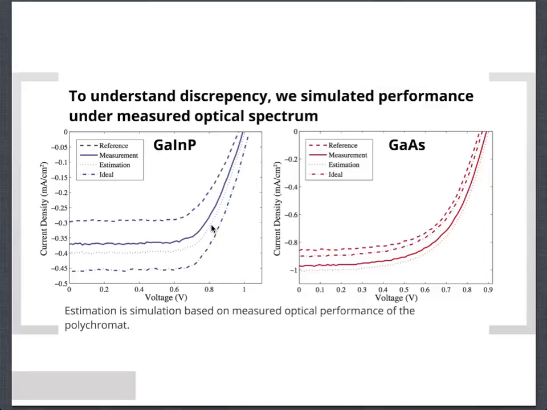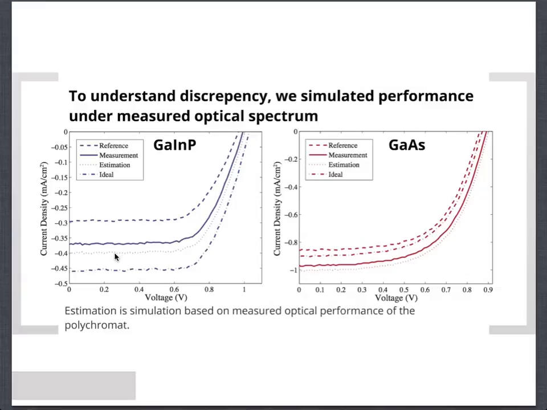So how do we confirm that? What we did was take the optical measurements, the spatial spectrum map measurement, and incorporate that into our model and predict how much power we should expect with the actual fabricated polychromate.